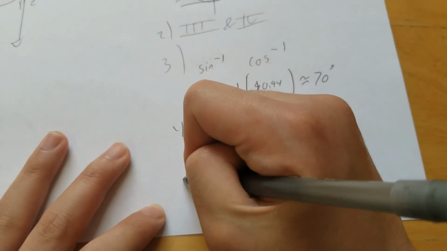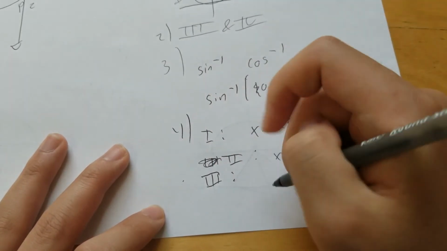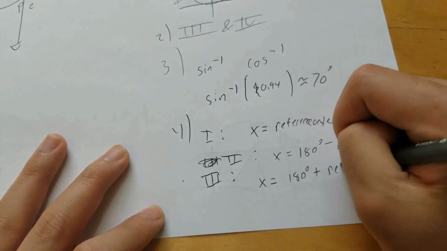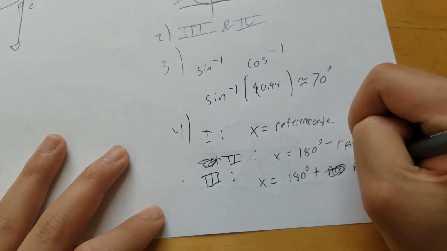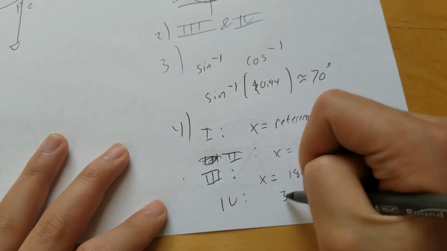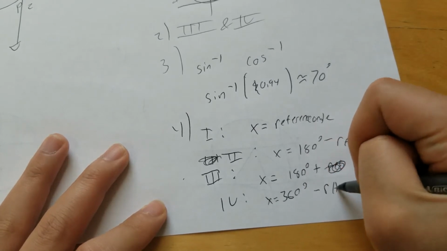Quadrant 3, it is x equals 180 degrees plus RA. And quadrant 4 is x equals 360 minus RA.